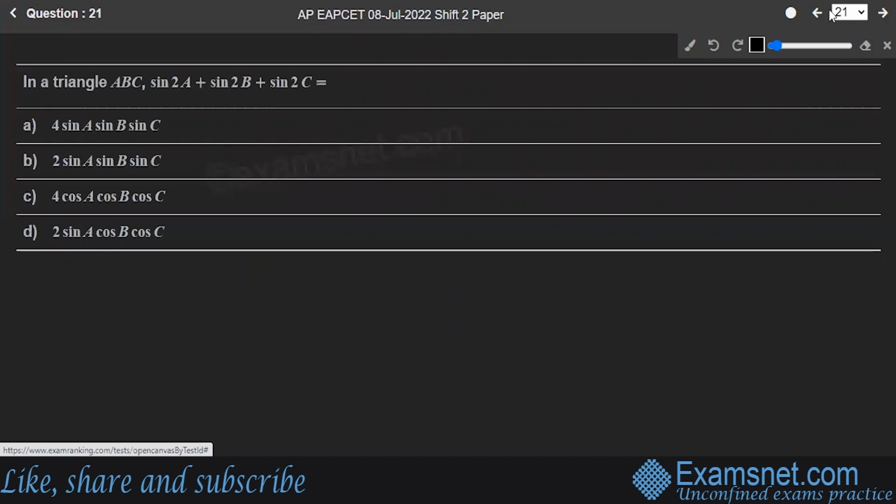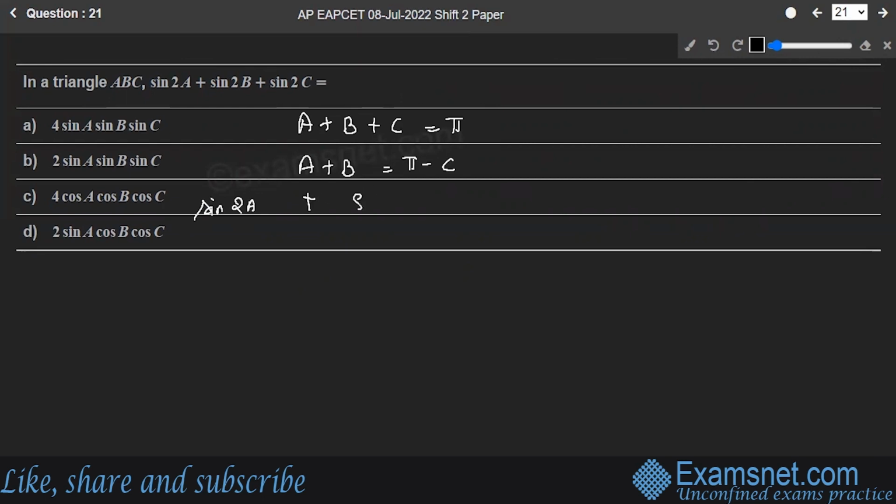In a triangle ABC, A plus B plus C, sine 2A plus sine 2B plus sine 2C is equal to what? You have to find out. All right. First thing, you know, in any triangle, A plus B plus C is equal to pi. That means A plus B is equal to pi minus C. Now, the angles are sine 2A, sine 2B, sine 2C.